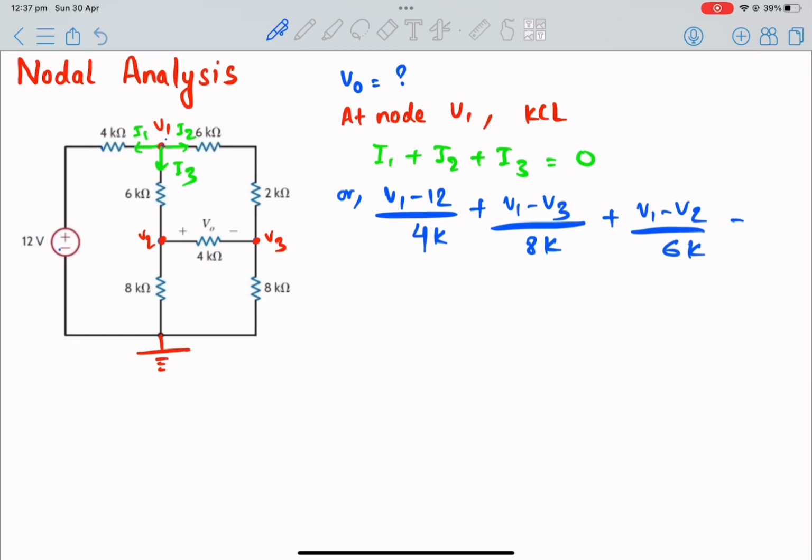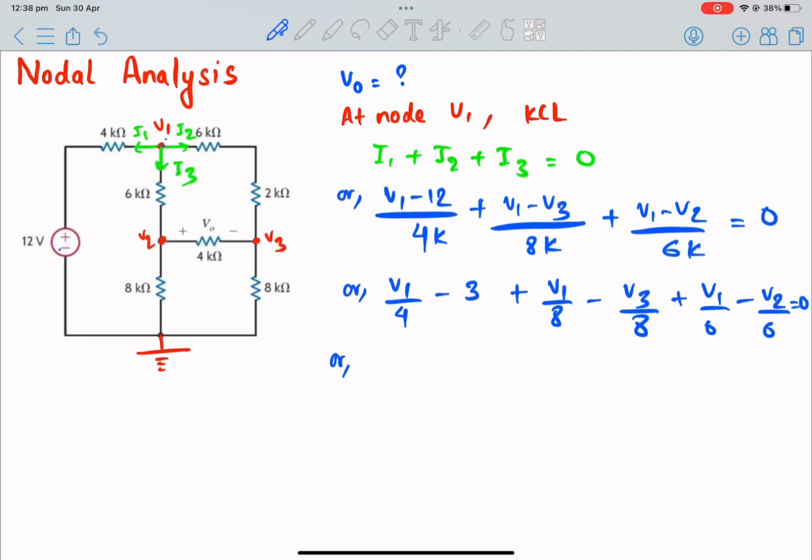That is equal to 0. So one of the better ways to solve this kind of problem is to separate the terms. 12 over 4 is 3, so that is going to be 3, plus V1 over 8 minus V3 over 8 plus V1 over 6 minus V2 over 6 equals 0.